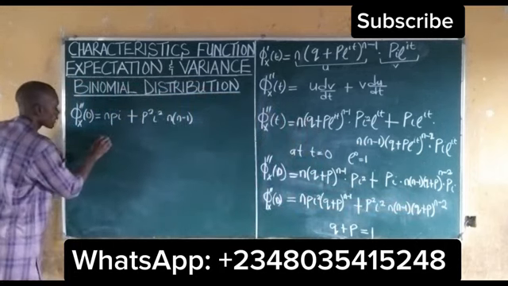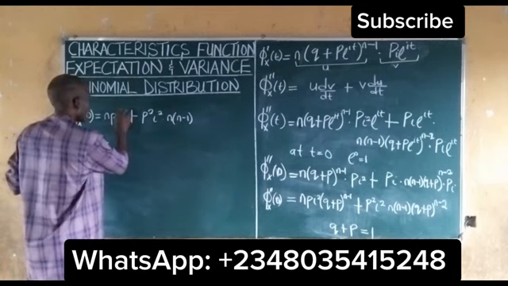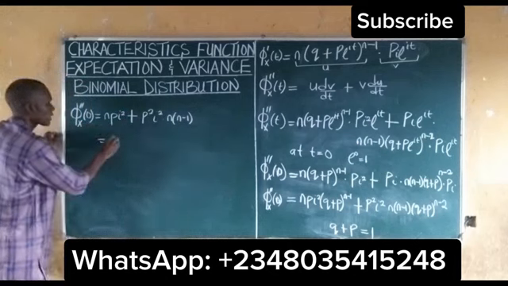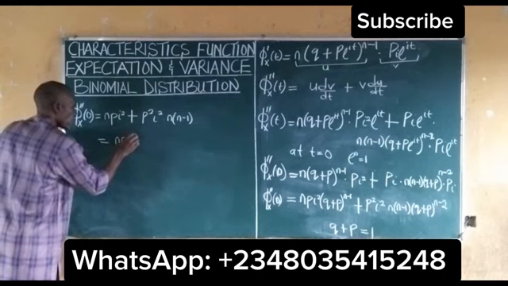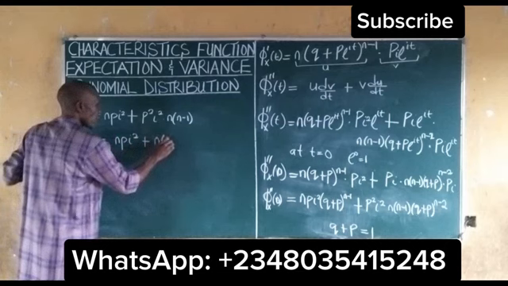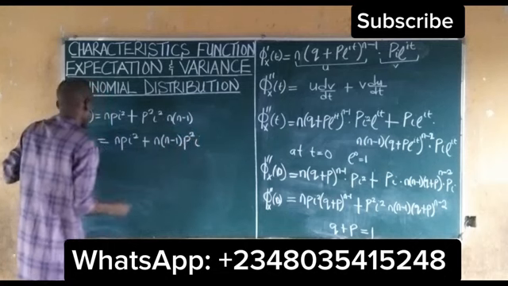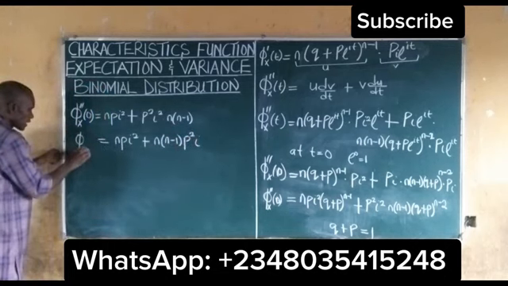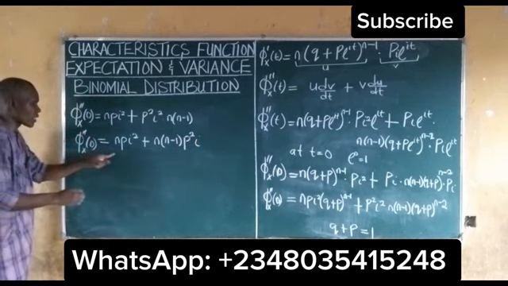So we have that n p i squared plus n into n minus 1 p squared i squared, which is our characteristic function at t is equal to 0. That means the second derivative.